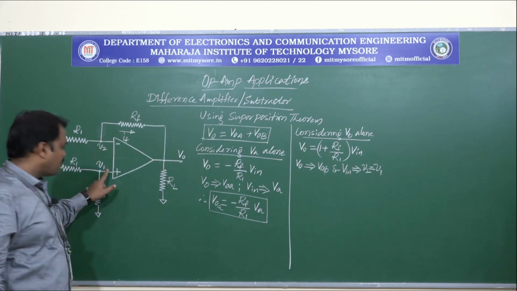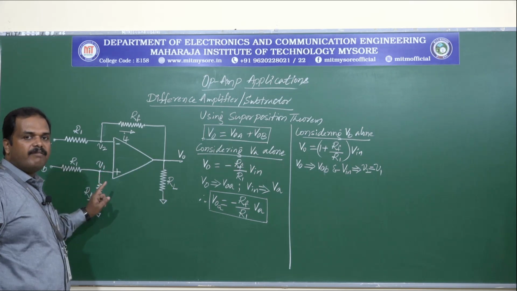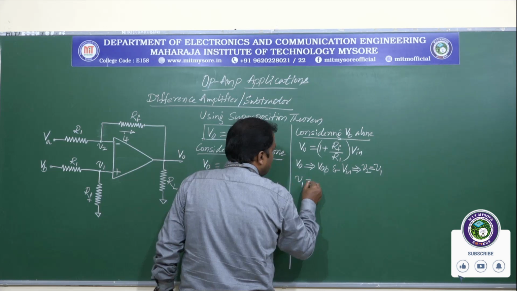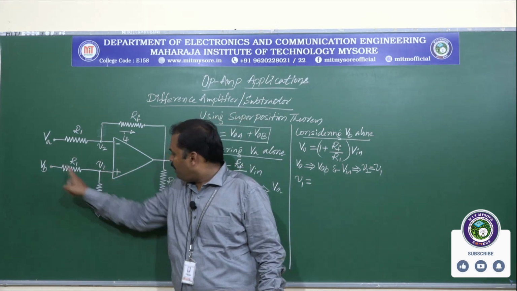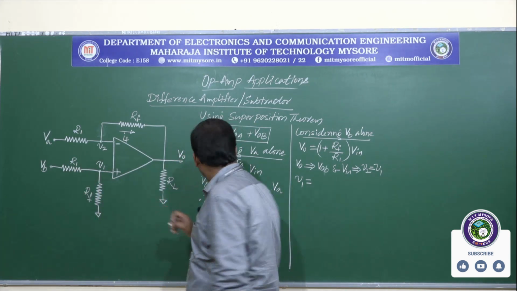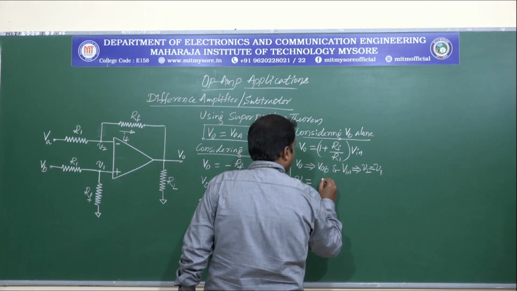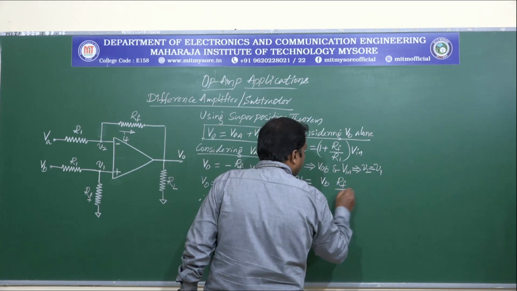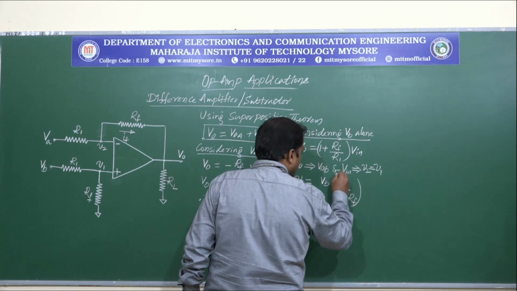Now looking at the circuit, V1 can be determined by using voltage divider rule. So V1 is given by VB into RF divided by R1 plus RF.